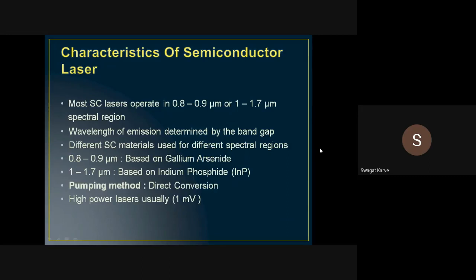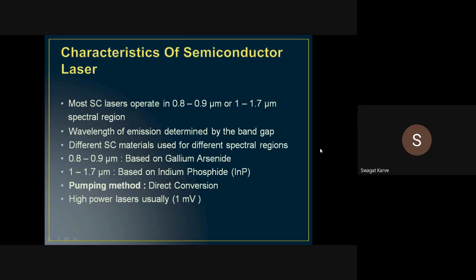right? So, characteristics of semiconductor laser. Okay, so we are going to discuss some of the useful characteristics of semiconductor laser. Most semiconductor lasers operate in the 0.8 to 0.9 micrometer range, right?